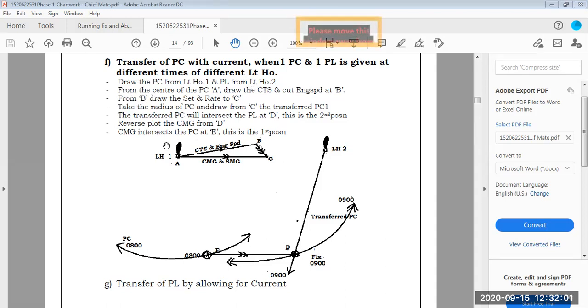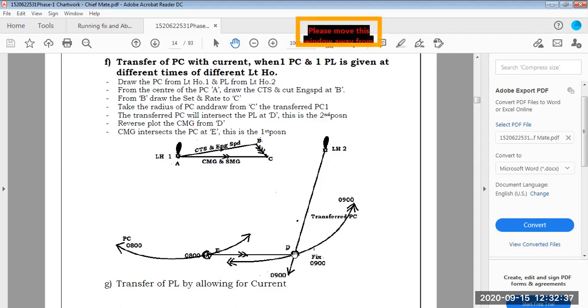Then from the center of the lighthouse, we draw the course to steer and cut the engine speed. We reach B, and from B we draw the set and drift, same like that we get the EP. Now from point C again, we take the distance of the initial lighthouse and we transfer the initial position circle. When we transfer the initial position circle, wherever it cuts, that is our fix at 0900.